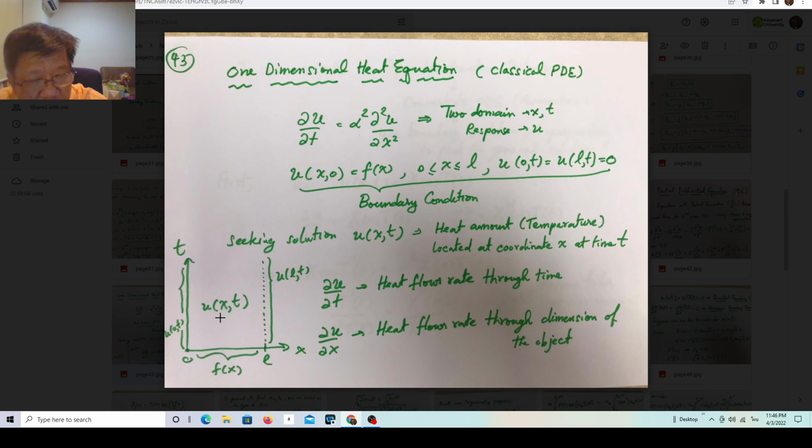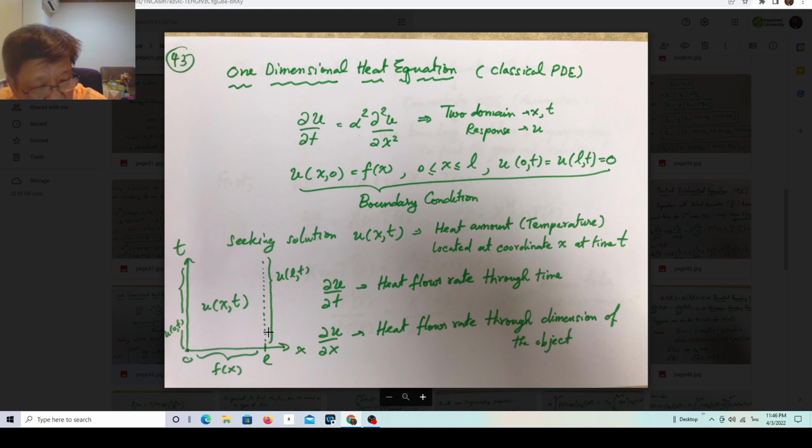Suppose u is a temperature function. You know the temperature along the boundary, maybe the surface of a product or an object, at x equal to 0 and also another surface at x equal to L, for all time.